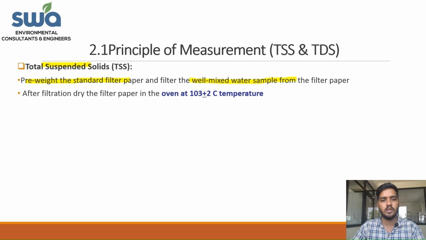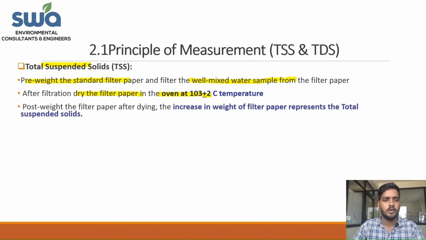You have to dry the filter paper containing suspended solids in an oven at 103 degrees centigrade, plus or minus 2 degrees centigrade of temperature variation being acceptable. So basically the temperature can be between 100 to 105 degrees centigrade. After drying, post-weigh the filter paper, and whatever increase in the weight of the filter paper you notice represents the total suspended solids in the sample.